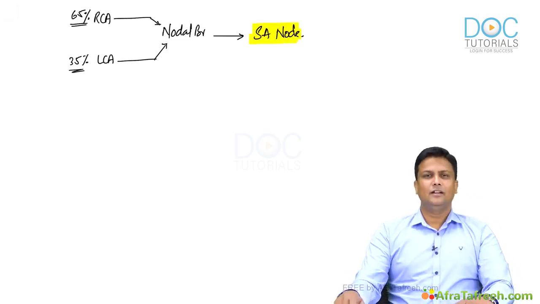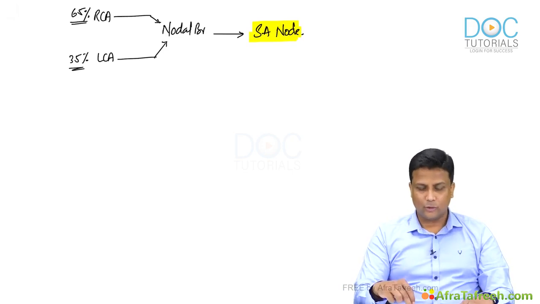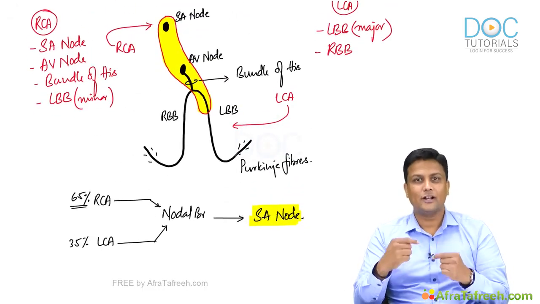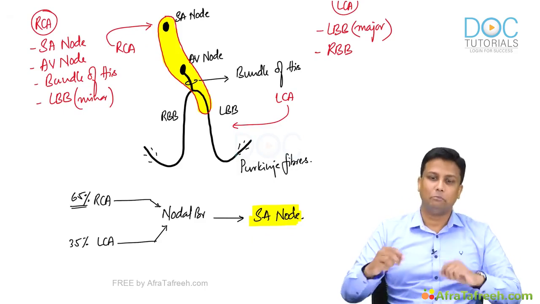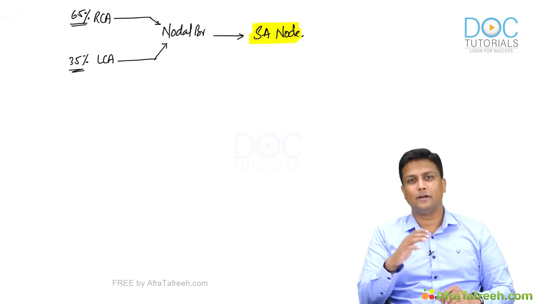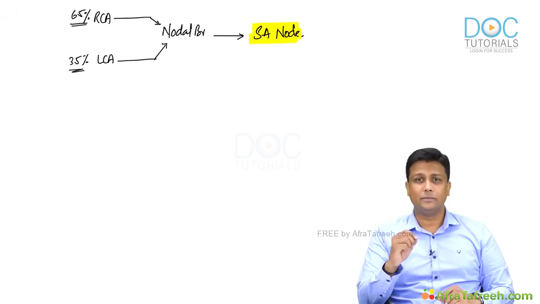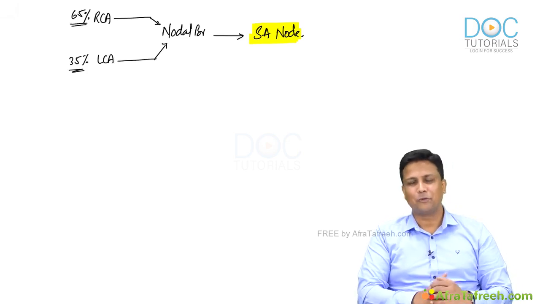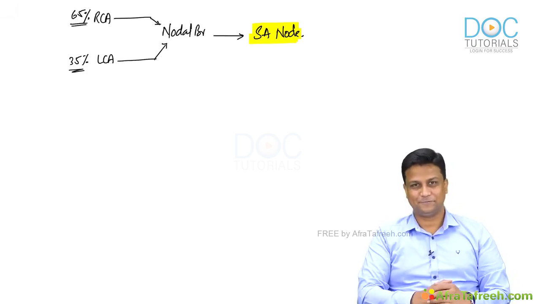I repeat again. In our diagram, I told you that the SA node is supplied by the right coronary artery, and now we are going into a little more depth. Remember, in 65% of the population it is supplied by the right coronary artery, but in 35% of the population, the SA node will be supplied by the left coronary artery. Hope things are very clear, guys. That is about the supply.